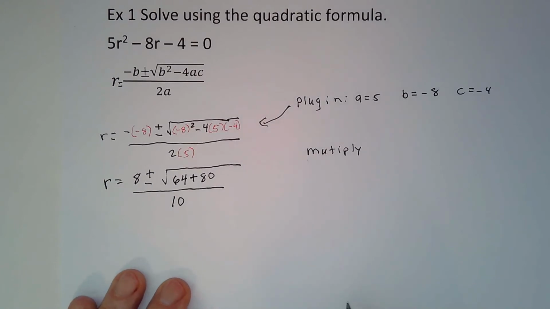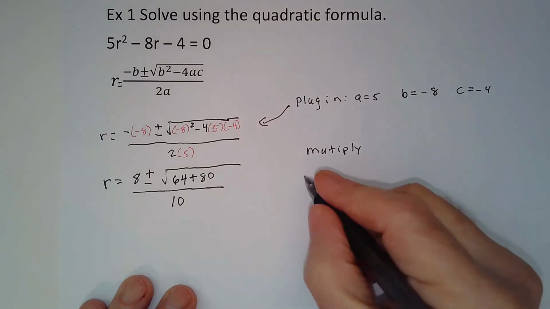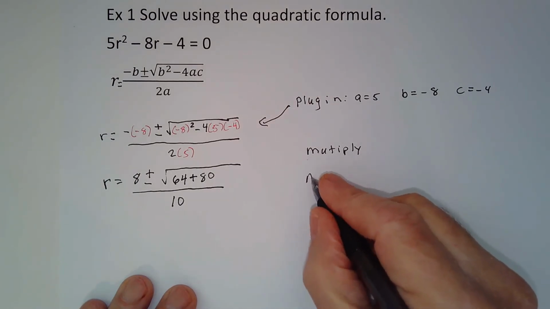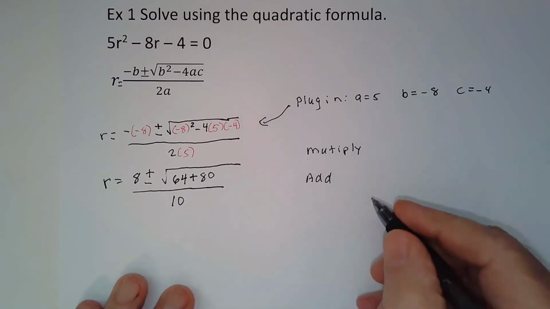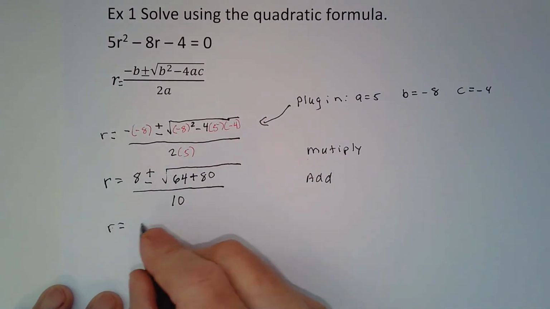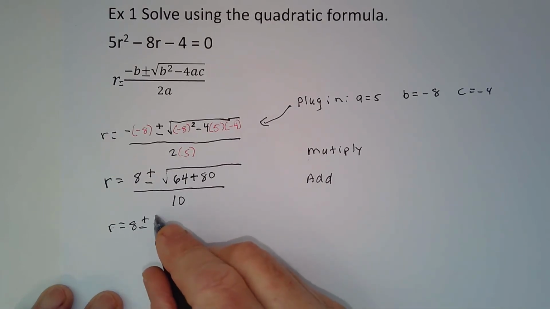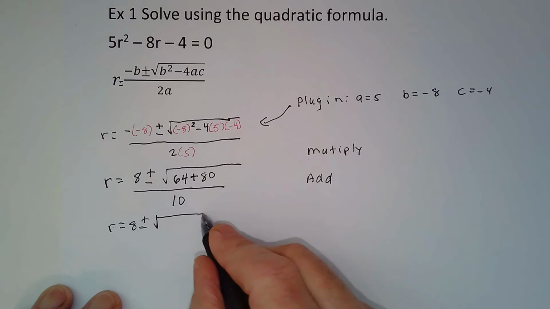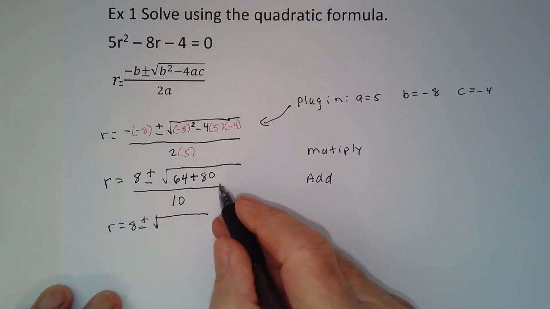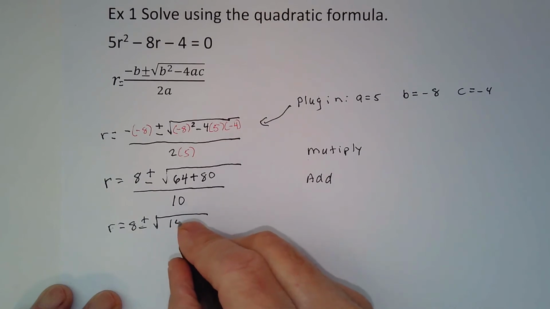Okay, so now I've got to add the 64 and the 80, so we'll say add. And so r is going to equal 8 plus or minus the square root of, now 64 plus 80, many of you can add that in your head and you'd come up with 144.